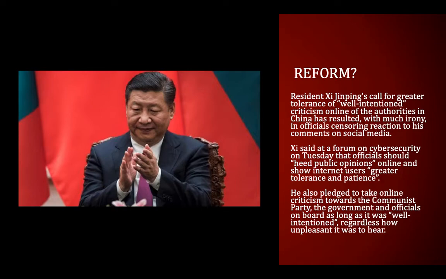President Xi Jinping called for greater tolerance of well-intentioned criticism online of the authorities in China, which resulted in much irony and an official censoring reaction to his comments on social media. So even China is censoring the president. Like Chinese propaganda is actually censoring the president, and he was able to override the Constitution.